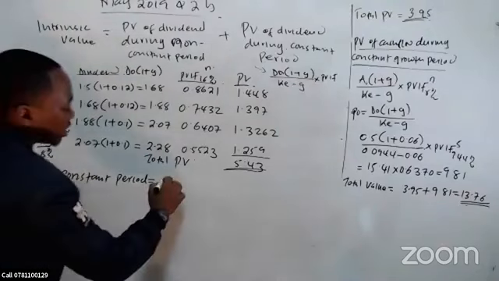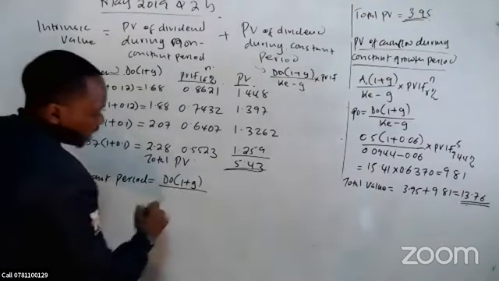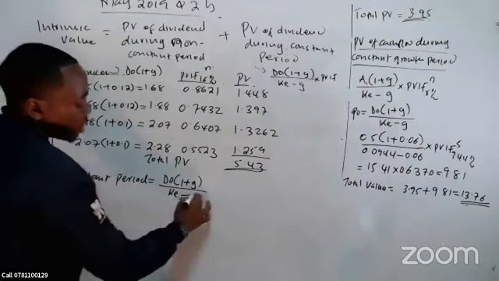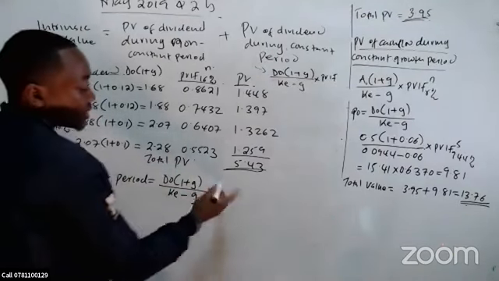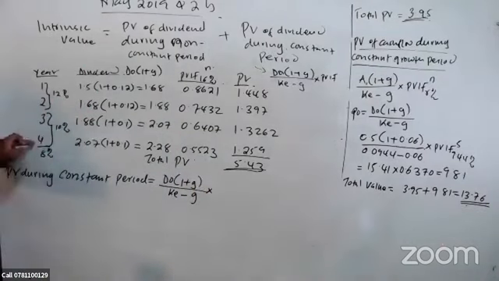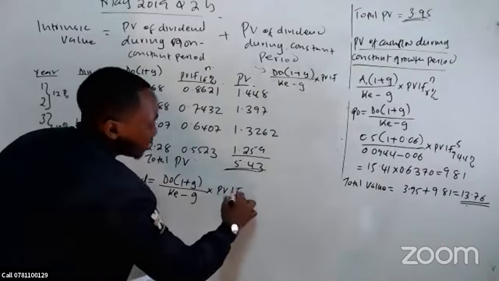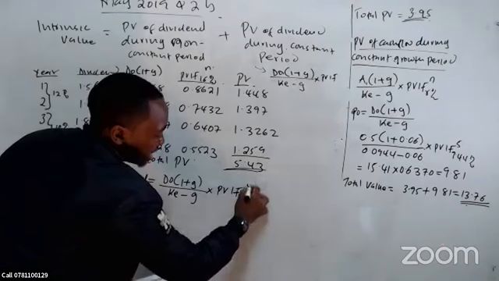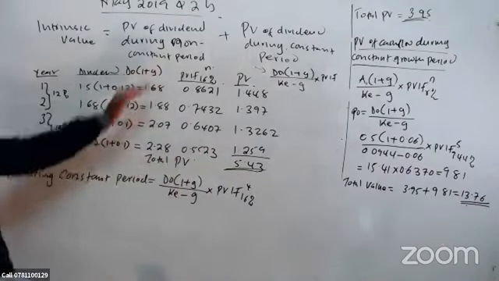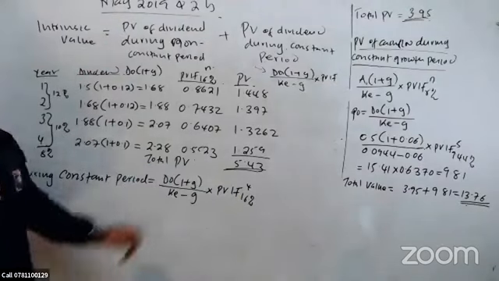So in this case, you take D0 (1 plus the growth rate), divide by the cost of capital minus the growth rate, and then you discount. When you are discounting, you use the last year, which was year 4, and the discounting rate for year 4. So it will be the present value interest factor at 16% in year 4. If it was for 5 years, you could have discounted using the 5th year.